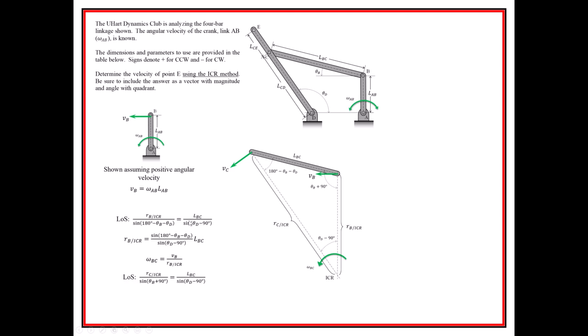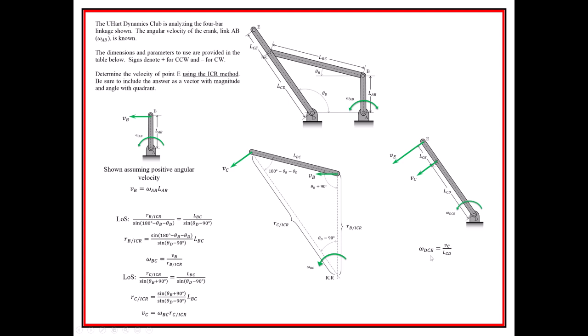We also want to use the law of sines to find the velocity here at C. So we find that ICR, and then we use that omega that we just found at BC to find the velocity of C.